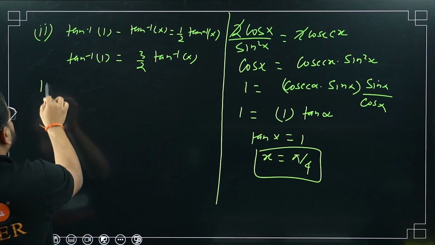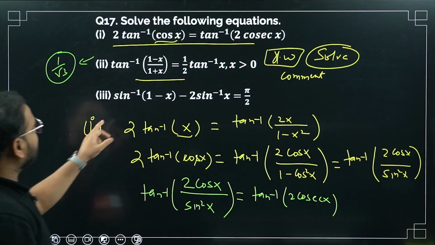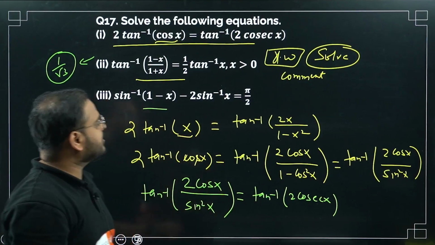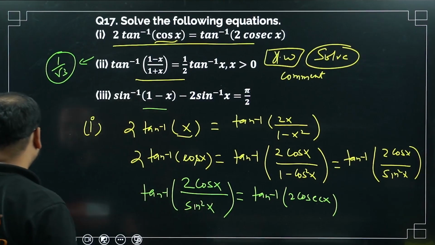Now what about question number 3, sir? Question number 3, have a look. Sin inverse of 1 minus x minus 2 sin inverse of x equals to pi by 2. Let me write the question first.